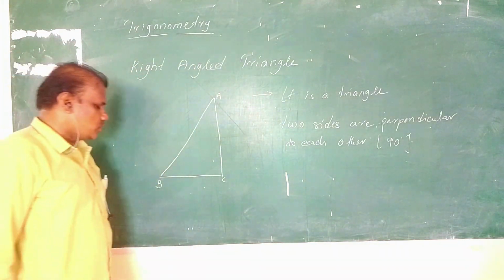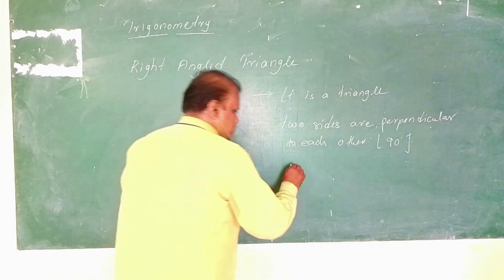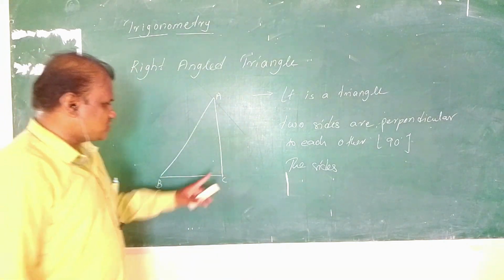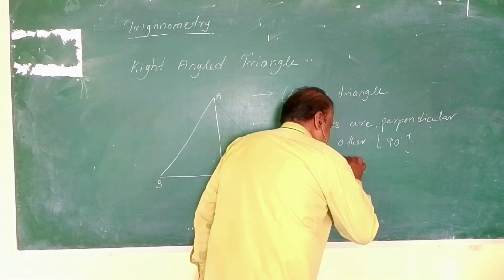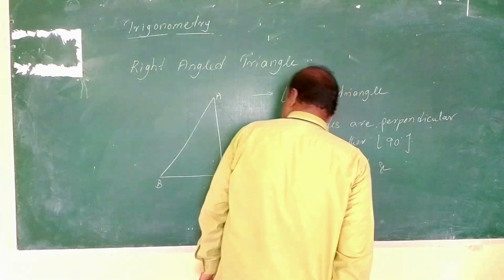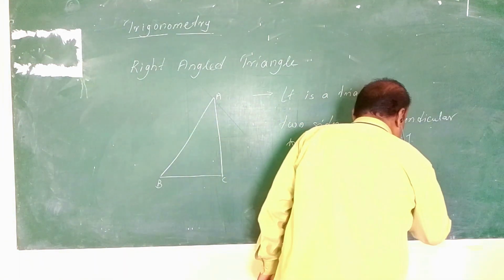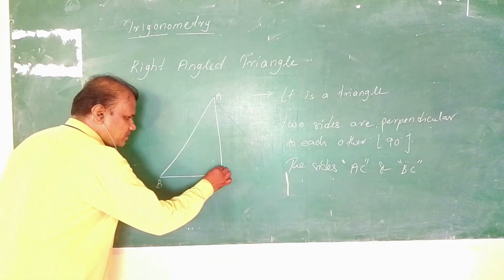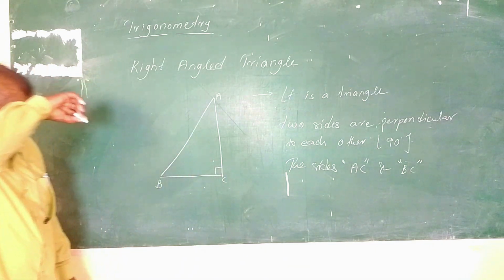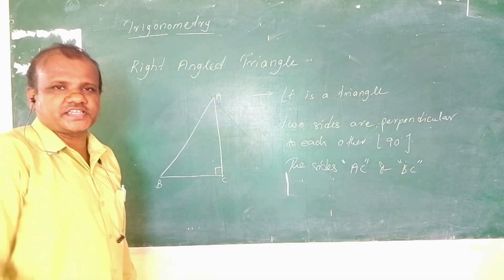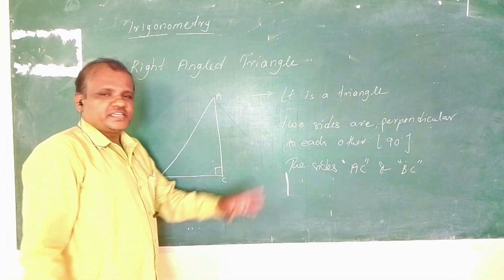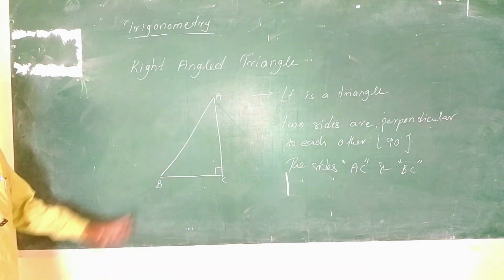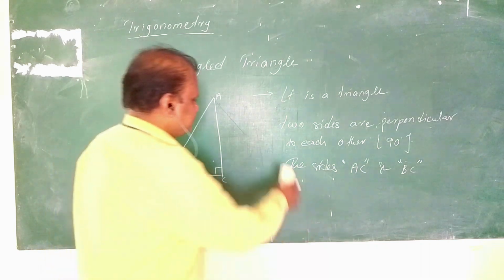For example, you can see on the board the sides AC and BC. These are the two sides which are perpendicular to each other. Such a polygon with three sides, in which two sides are making 90 degrees with respect to each other, is called a right angle triangle.